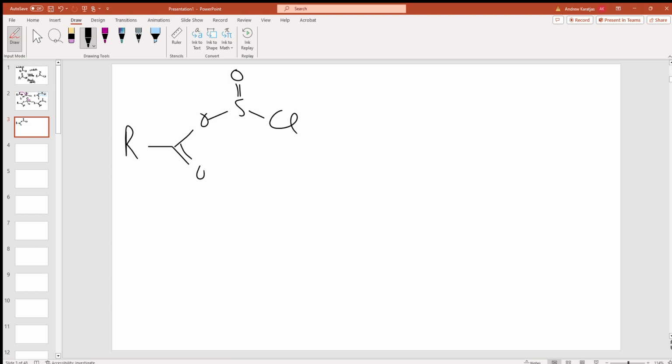So that chloride that we kicked out in a previous step will now initiate nucleophilic attack onto the carbonyl. As with any acyl substitution reaction, that's attack on the carbonyl, shift the electrons up onto oxygen to make a tetrahedral intermediate.